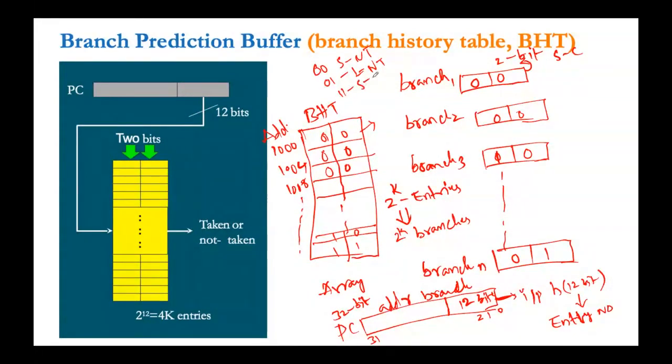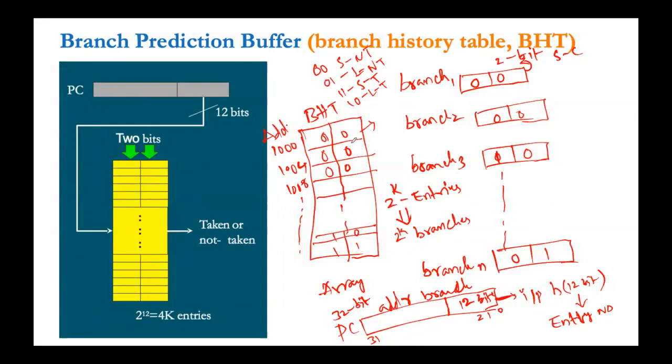If it is 11, it means strongly taken. If it is 10, it means likely taken. So those states will be there in this branch history. The content of this branch history table defines whether that branch is strongly not taken, likely not taken, strongly taken, or likely taken.